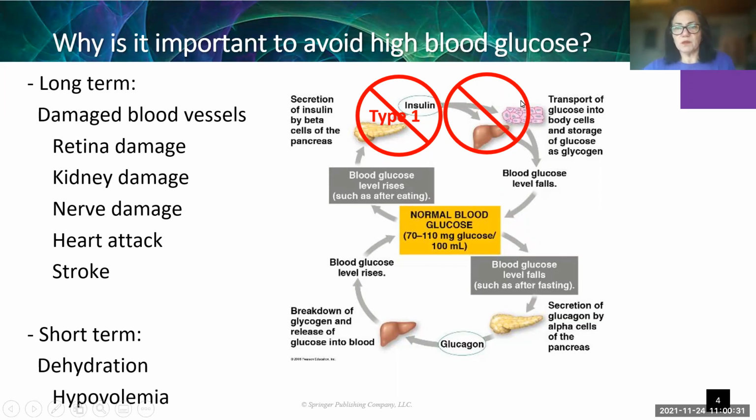And the patients become what's known as insulin resistant. So the insulin's being produced, but we're not getting the response that we need. That is what we call type 2 diabetes. And we're going to talk about each of these two conditions separately. And then at the end of all of these lectures, we'll talk about what the consequences are if a patient has uncontrolled type 1 or type 2 diabetes.